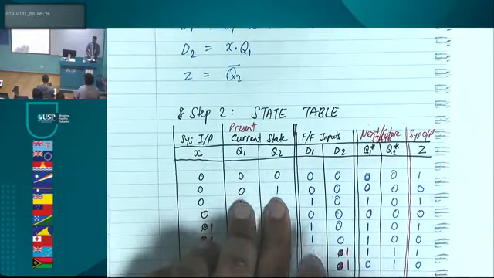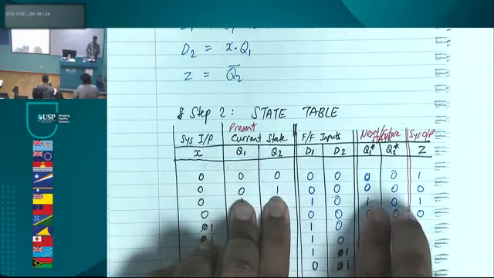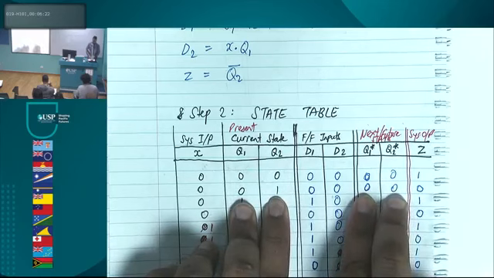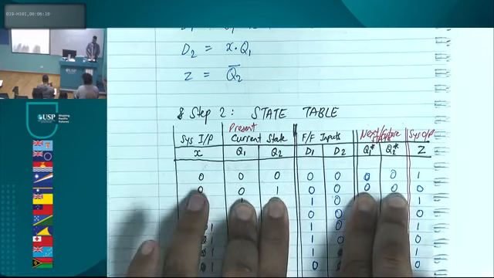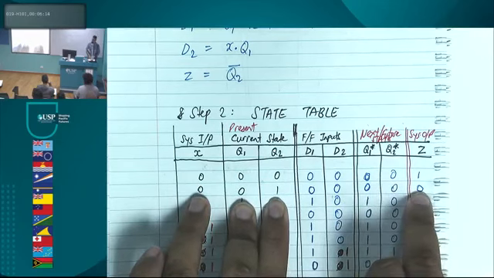Let's move to the next one. 0, 1 becomes 0, 0, right? If you feed it with an input of 0, the system output is 0.